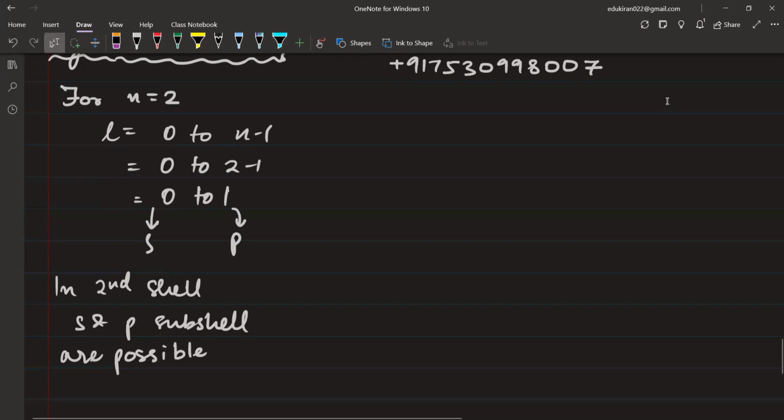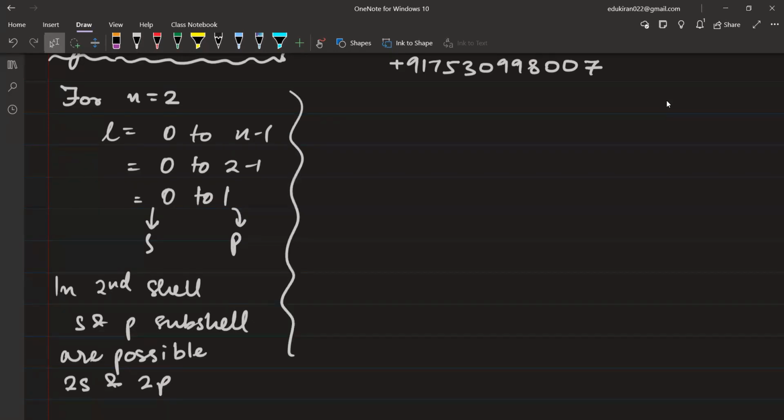And this will be 2S and 2P. 2S means the S subshell of the second shell and 2P means the P subshell of the second shell. Similarly, for n is equal to 3, I think you got the idea.